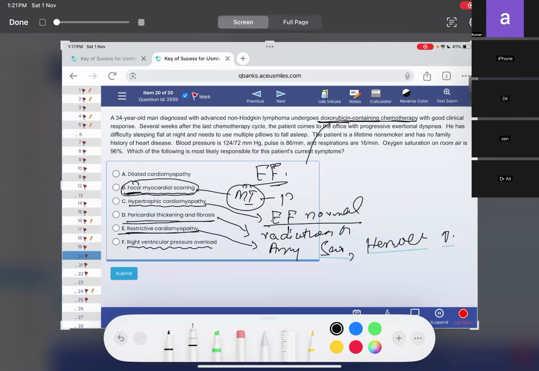Pulmonary embolism, pulmonary hypertension, and pulmonary stenosis as well. So these are some of the information related to the other options.